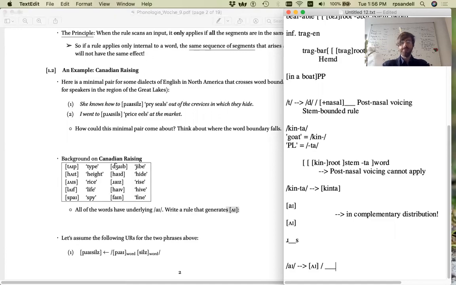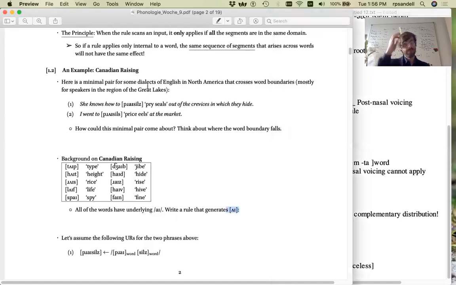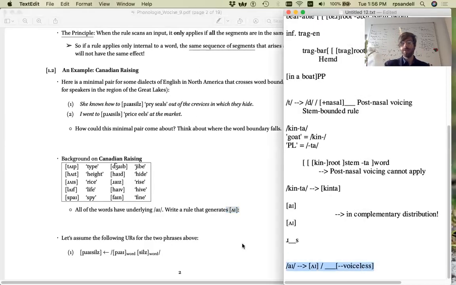And we can say that then the raising of the first part of the diphthong a occurs when it is followed by a voiceless segment. So there's our rule. Now, if we assume that that's the segmental condition for the application of this raising process, we're calling it raising here because the vowel is higher than the vowel a.